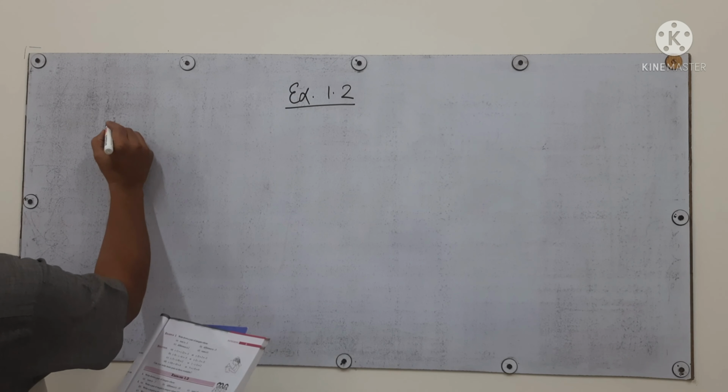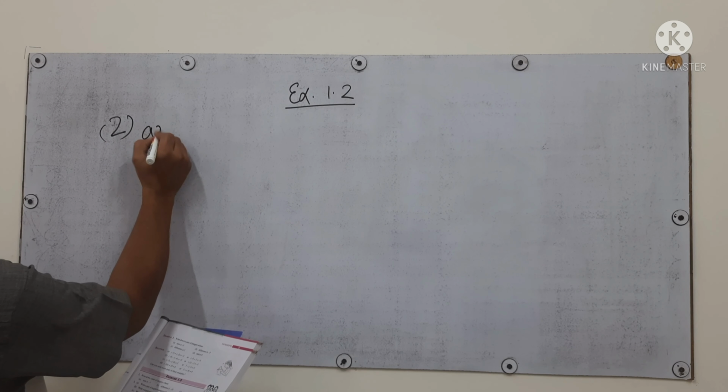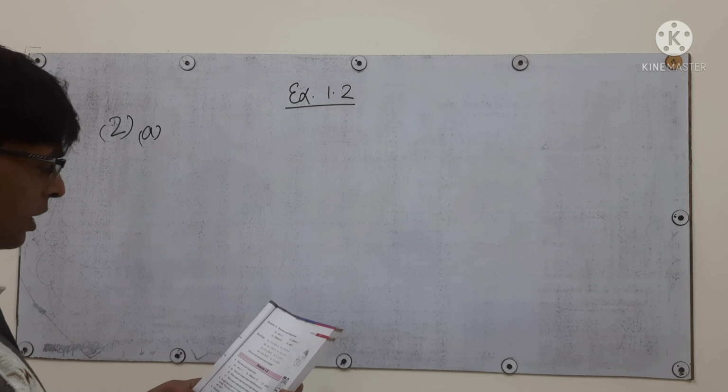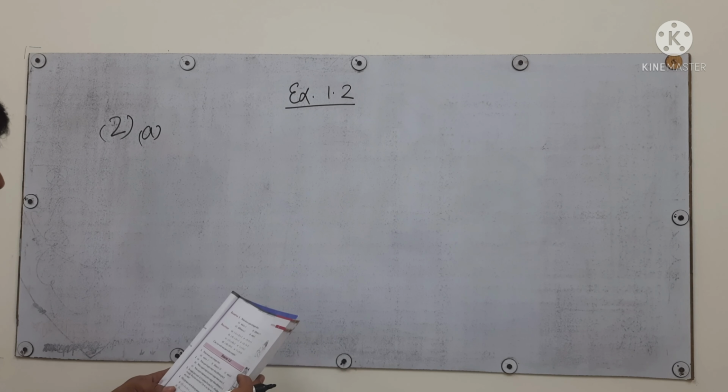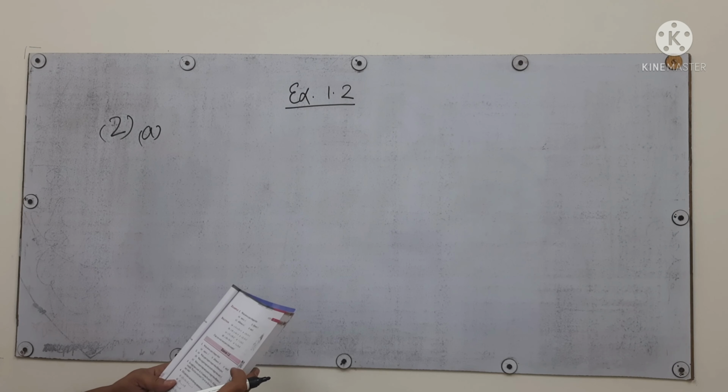Question 2 part A: find a pair of negative integers whose difference gives 8.